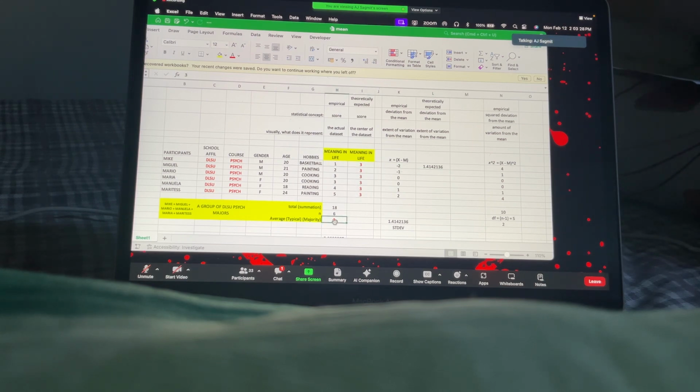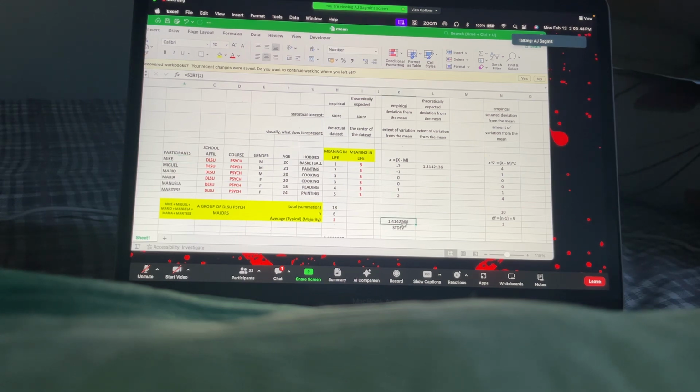Remember, we're using an average as an empirical value when you describe a sample and a theoretical value when you describe a person who belongs in that sample.